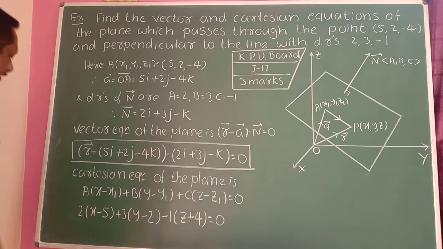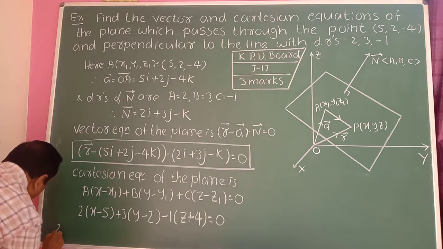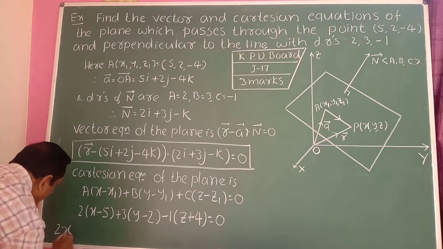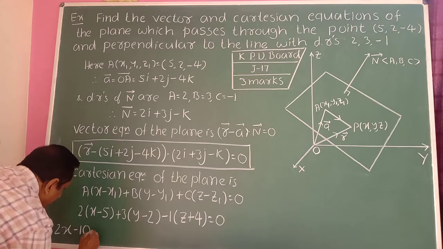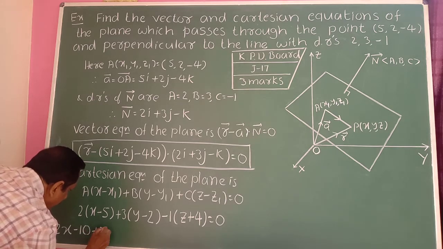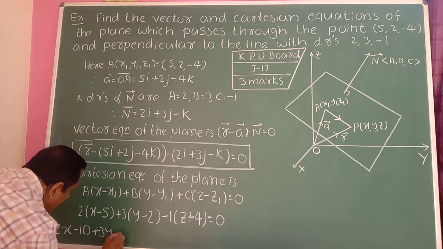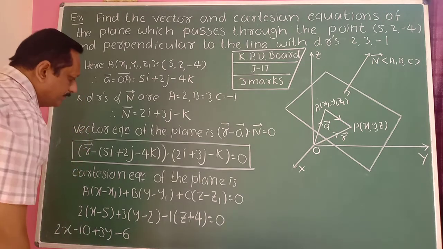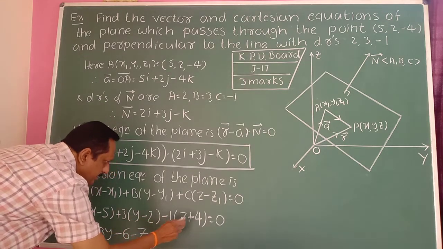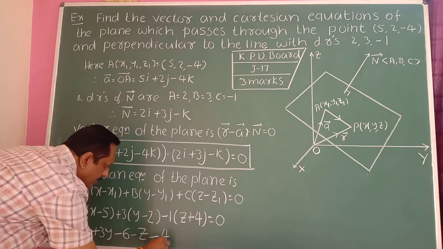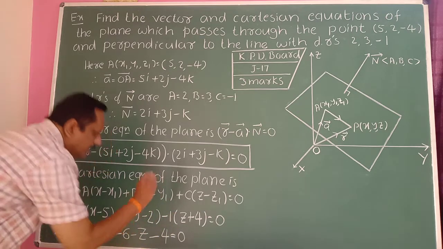Take 2 inside the bracket here. So 2 into x becomes 2x. 5 2s are 10, minus 10. 3 into y becomes 3y, plus 3y. 3 2s are 6, minus 6. Minus 1 into z, minus z. Minus into plus, minus 4. That is equal to 0.